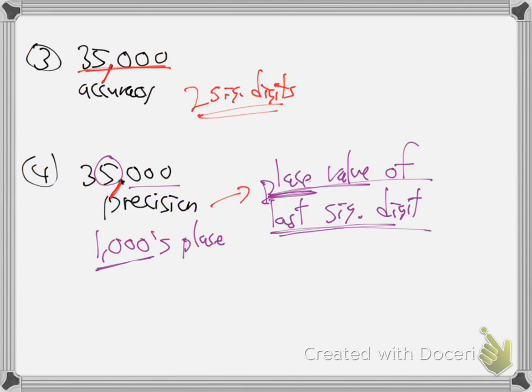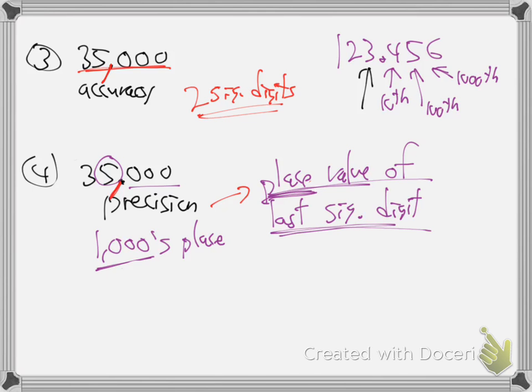If you have 123.456, this is the tenths, hundredths, and thousandths. Then when you go to the left, this is the ones, tens, hundreds, and on you go. Remember that? Good? All right, let's keep going.